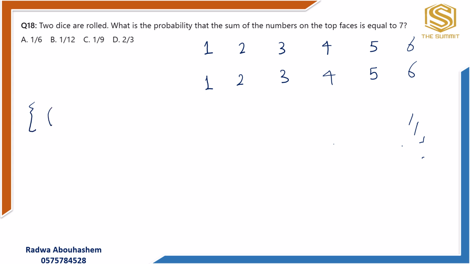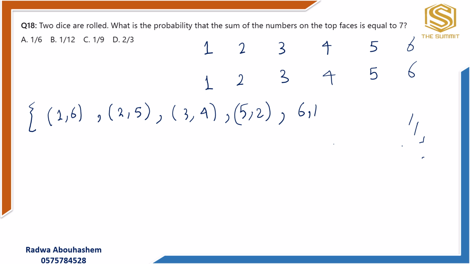We have 1 and 6, 2 and 5, and 3 and 4, 5 and 2, also 6 and 1, and also 4 and 3.